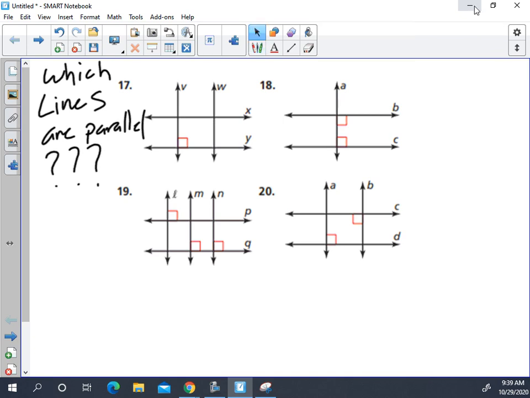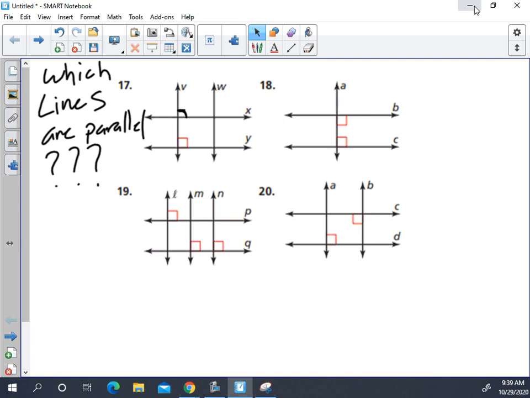Which lines are parallel? Let's look at X and Y in number 17. Just X and Y, so ignore line W. We know that V is perpendicular to Y, but do we know if V is perpendicular to X? The answer is no. We really don't know. This angle here could be 89 degrees, not 90.